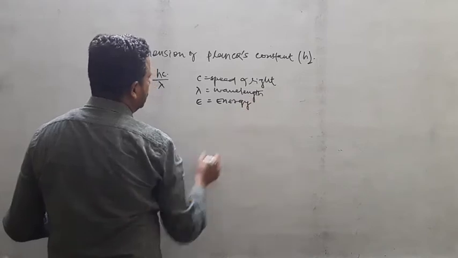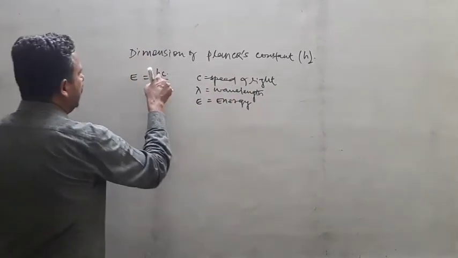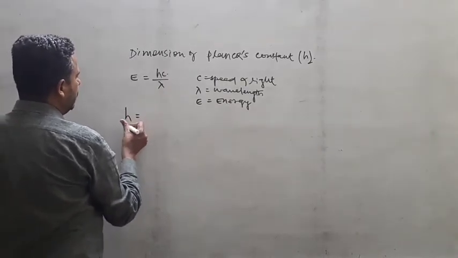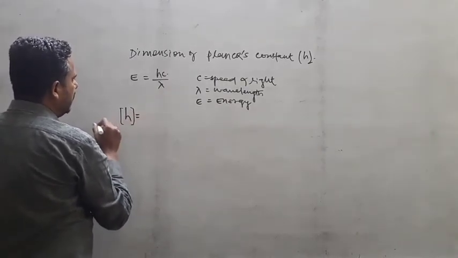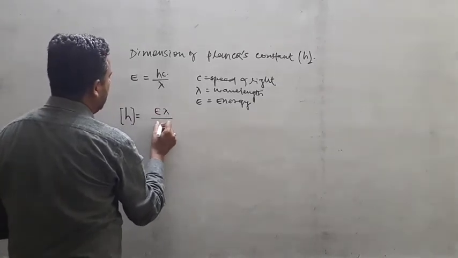So now from here, where h is Planck's constant, you have to find this h. So from here, h equals E lambda by c.